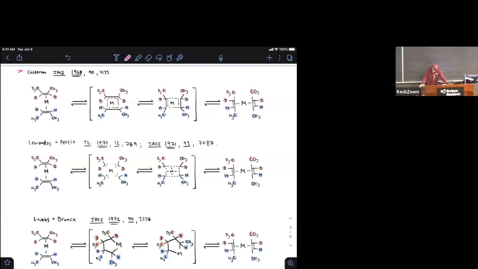Landos and Pettit put forward something that, at least to my eye, looks even more exotic, where on the metal, these alkenes would spontaneously revert to their carbene states and then engage in recombination in a selective way.